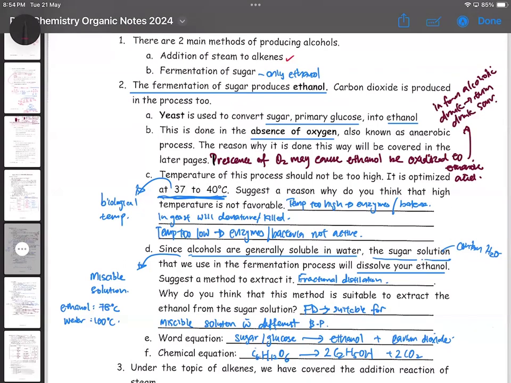And it's because this is a reversible reaction. That means at some point your fermentation process will not be able to produce 100% ethanol, which means not all the sugar is converted to ethanol. So I need you to think about why. Why is it that you cannot obtain pure ethanol strictly from fermentation?